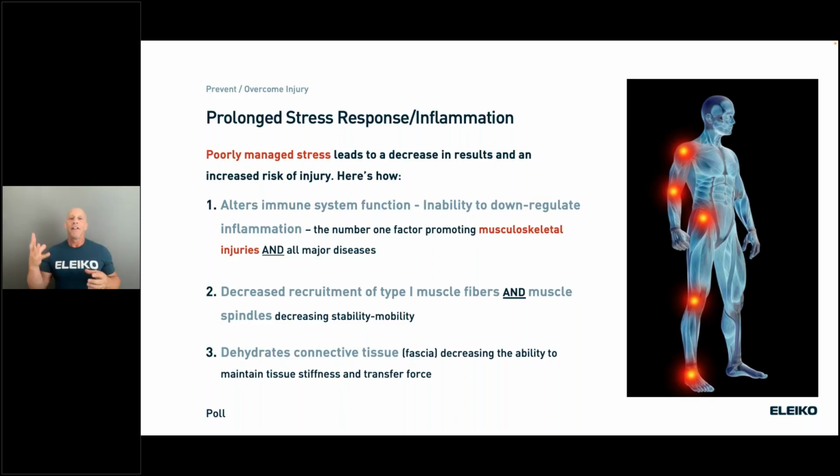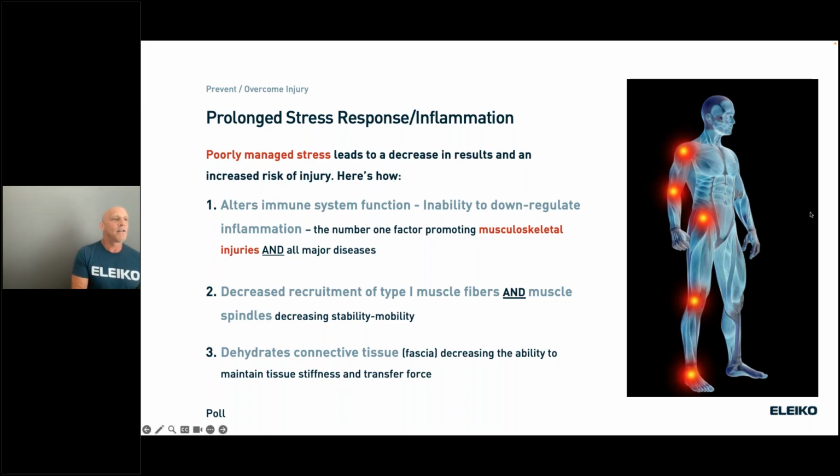So if I have poor tissue and poor muscle, now the connective tissue is where all the stress is being placed. What's the number one tissue in the body that's injured in musculoskeletal injury? Connective tissue. That's why. And it's not because the connective tissue is weak, it's because the muscle isn't firing on time. It's not activated. That's where the issue lies.